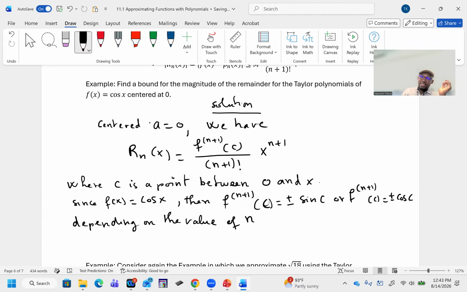But in all cases, we know the absolute value of the (n plus 1)th derivative of f at c will be less than or equal to 1 because of sines and cosines, right?